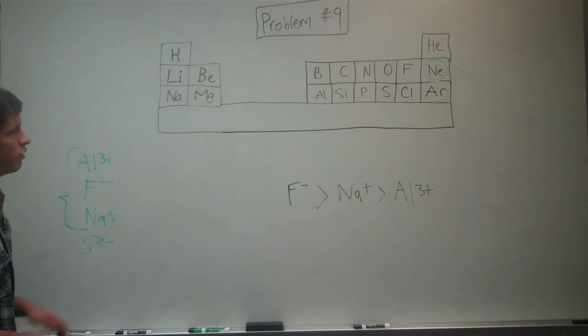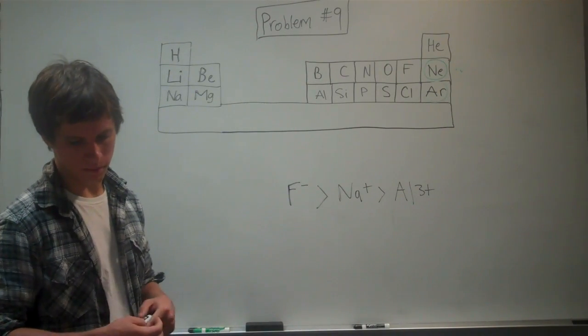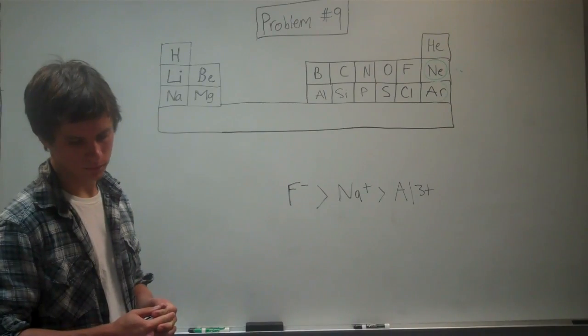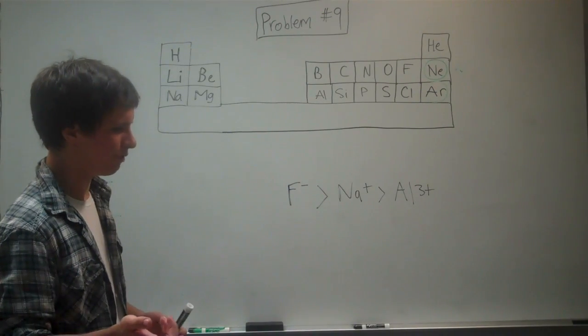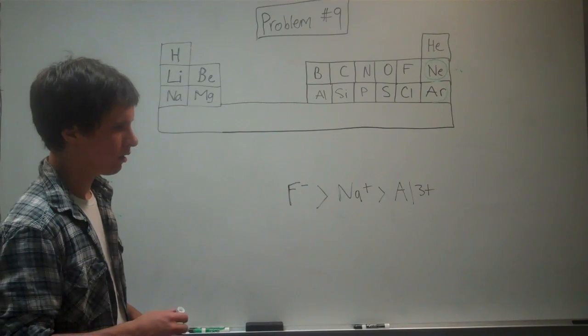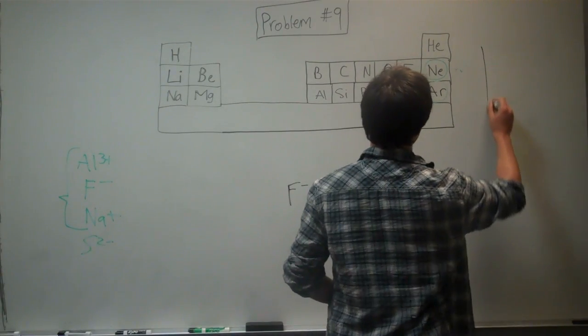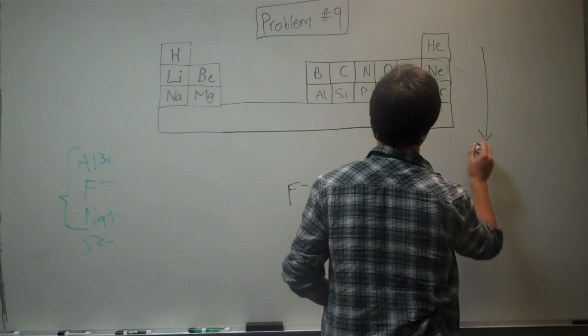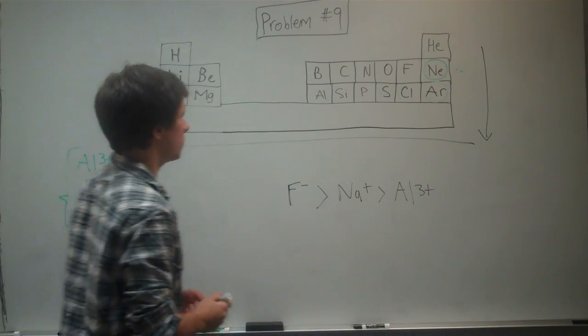So what remains? Sulfur 2-. We have to put that in the trend somewhere. So remember that the overall rule for ionic size is that it increases as you go down and to the left. Right?